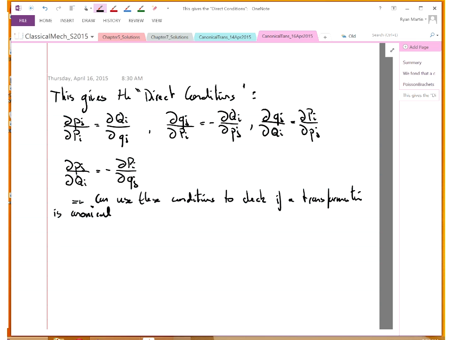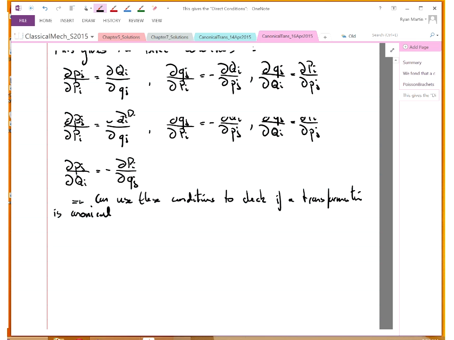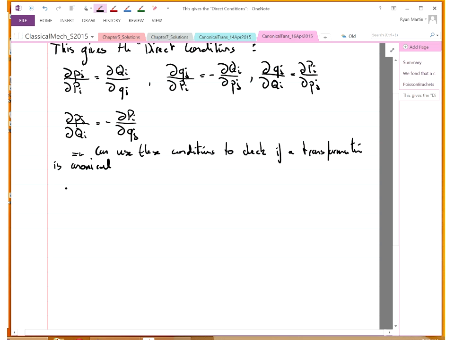So there's a lot of partial derivatives of q's and p's. And Poisson brackets have a lot of partial derivatives of q's and p's, so maybe they can help us here. And so indeed they can. So let's consider the Poisson bracket of the lowercase variables.